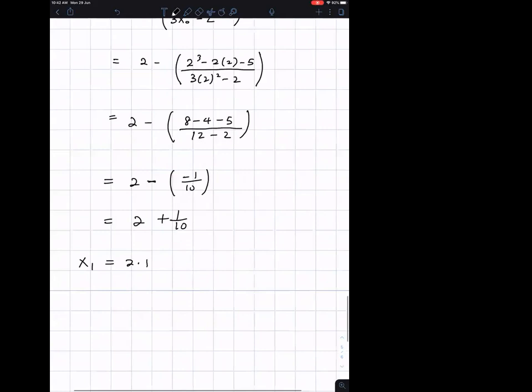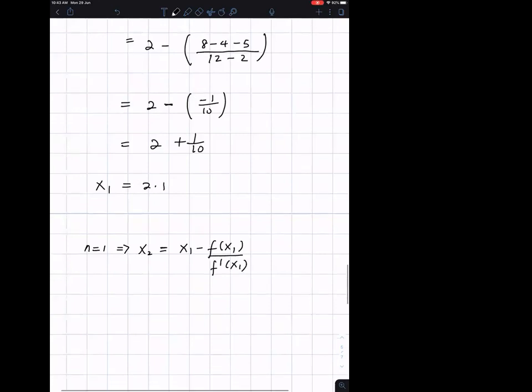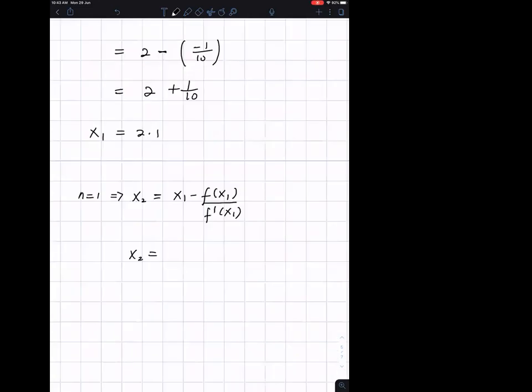Next you calculate for n equals to 1. That's going to give you x2, using the previous value x1 to calculate a closer value. x1 is 2.1, the value we just calculated.